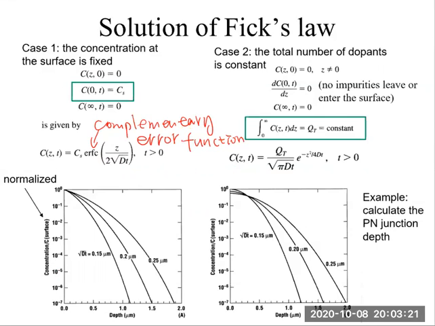So the solution is a complementary error function. This figure plots the normalized concentration for different diffusion times, or different square roots of Dt: 0.15 micron, 0.2 micron, and 0.25 micron.